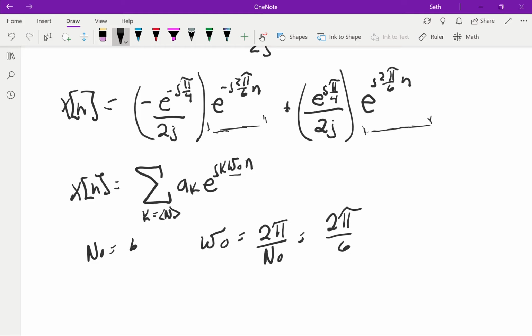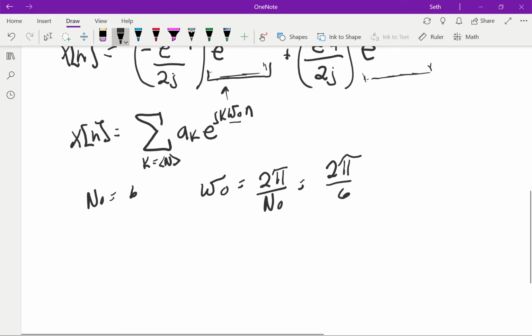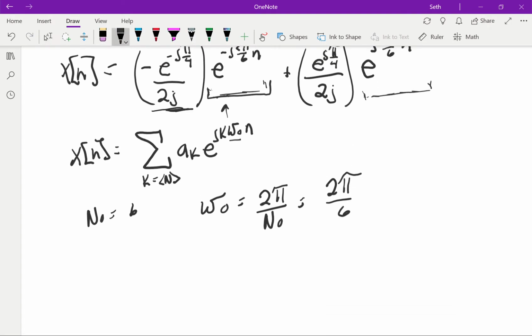So all that's left to do now is to assign the Fourier coefficients to their respective exponentials. So this is e to the minus j 2 pi over 6 n. So that must be the k equals minus 1 term, because that's the only value of k here that would give us this. See, if we put k equals minus 1 here, we'll get this. So this is the Fourier coefficient here.